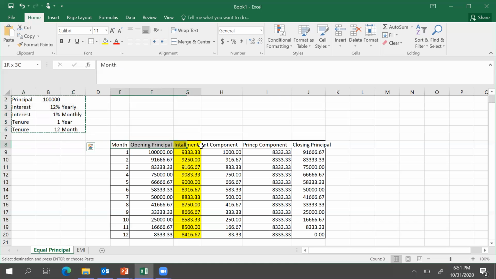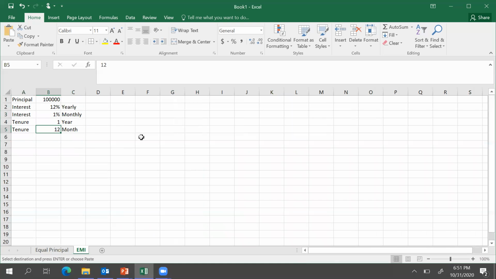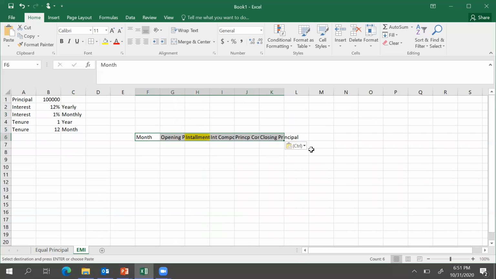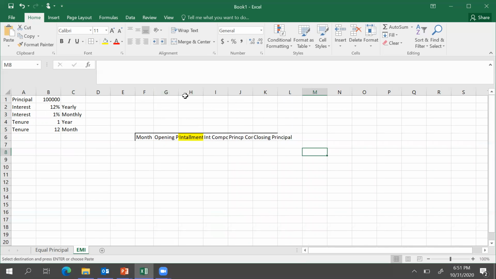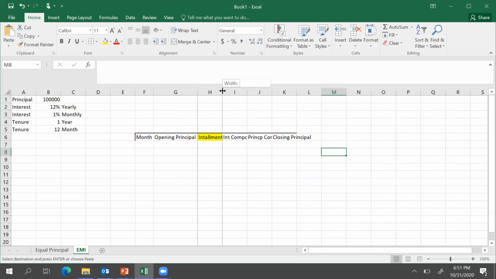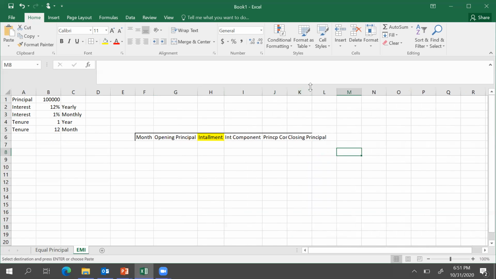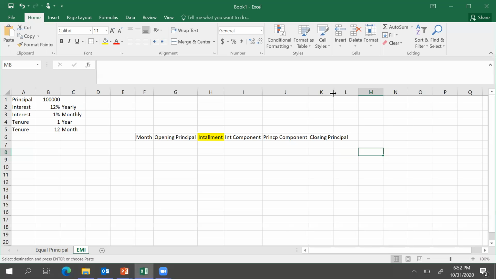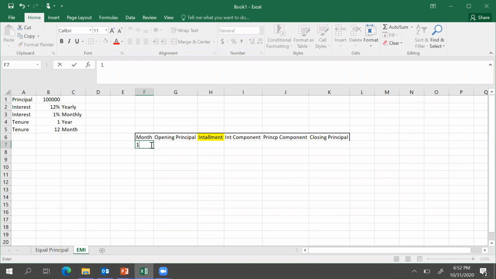Now again, similarly, the month nomenclature will remain the same, 1 till 12 months.